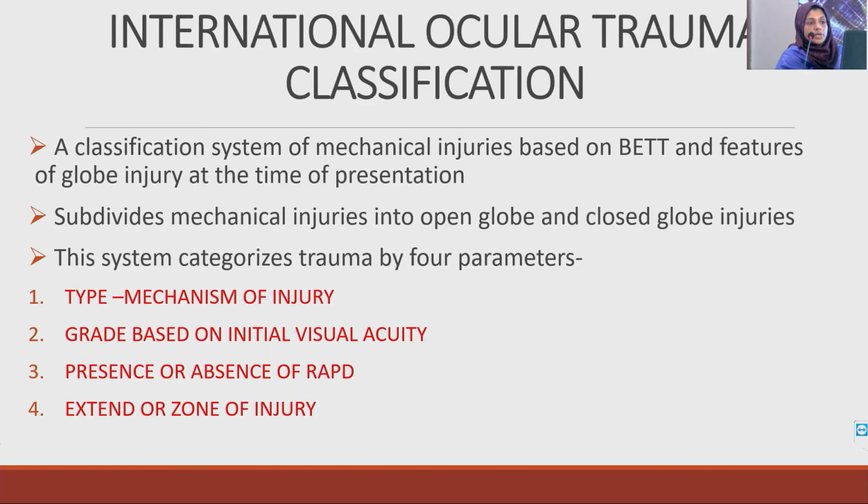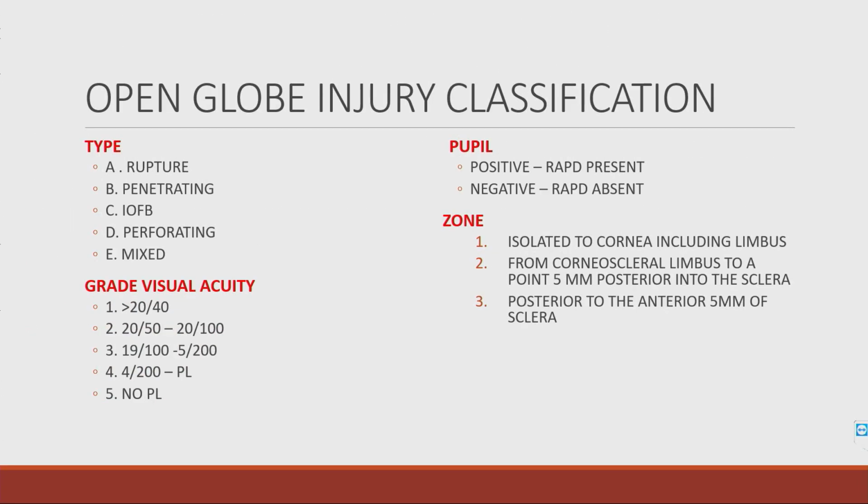The International Ocular Trauma Classification is a classification system of mechanical injuries based on the features of globe injury at the time of presentation. And this system categorizes trauma by 4 parameters. Type means the mechanism of injury, grade is based on initial visual acuity, presence or absence of RAPD, and extent or zone of injury.